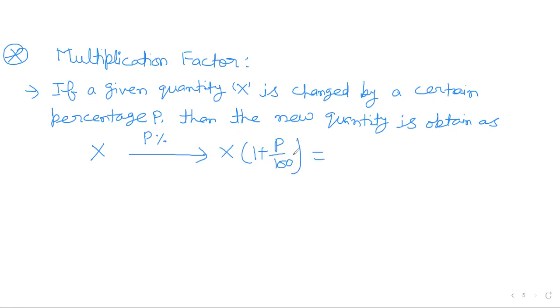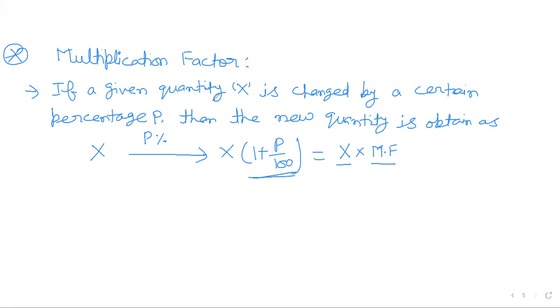Here you can write X multiplied with the factor. So 1 plus P upon 100 is nothing but the multiplication factor.